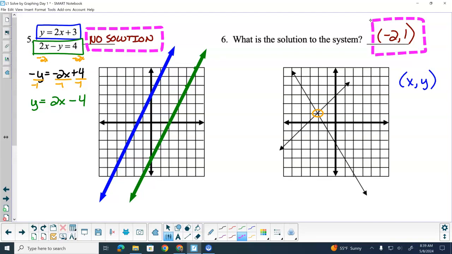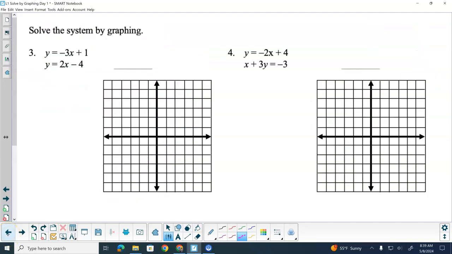Let's try 3 or 4. Chloe, which one do you want to do? 3 or 4? 3? All right, let's do number 3. You want to do the blue line or the green line? You tell me. Blue? Up 1 gives me my y-intercept.